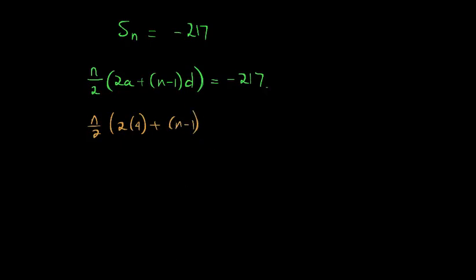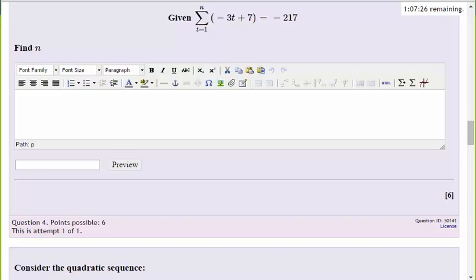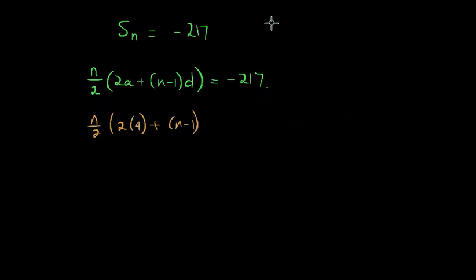My constant difference. How will I find my constant difference? Substitute 2. If I put in a 2, I get negative 6 plus 7. I should have just substituted terms in the beginning to see it's arithmetic. My first term is 4, my second term is negative 6 plus 7, which is 1.